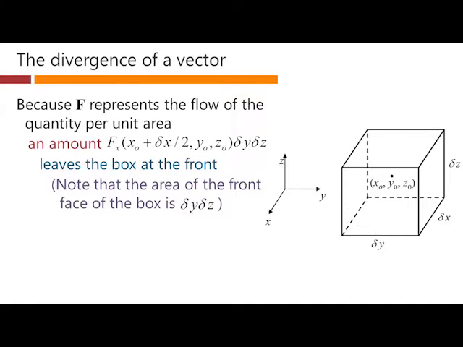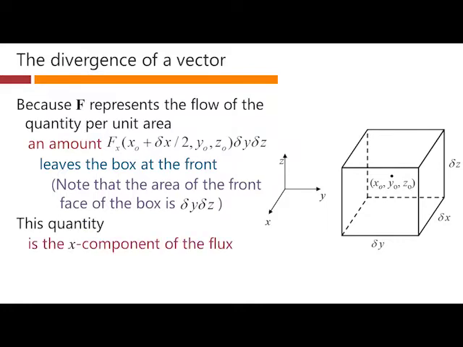Given that f represents the flow, this is the amount that flows out of the front face. The x position of the front face is x naught, the point in the middle of the cube, plus delta x over 2, and the y and z positions of this front face we regard as y naught and z naught.